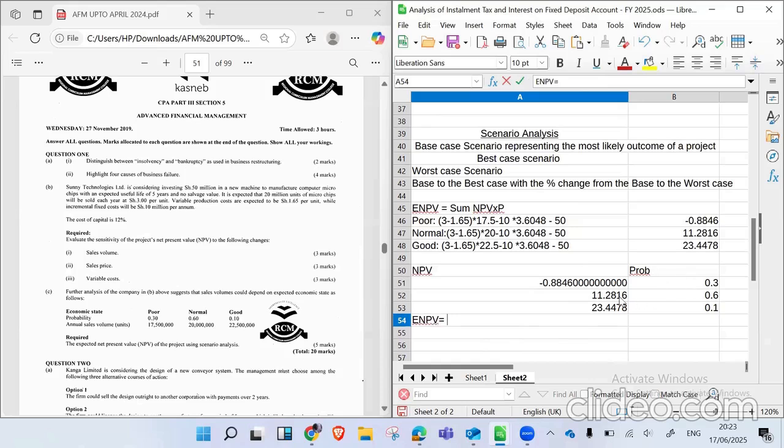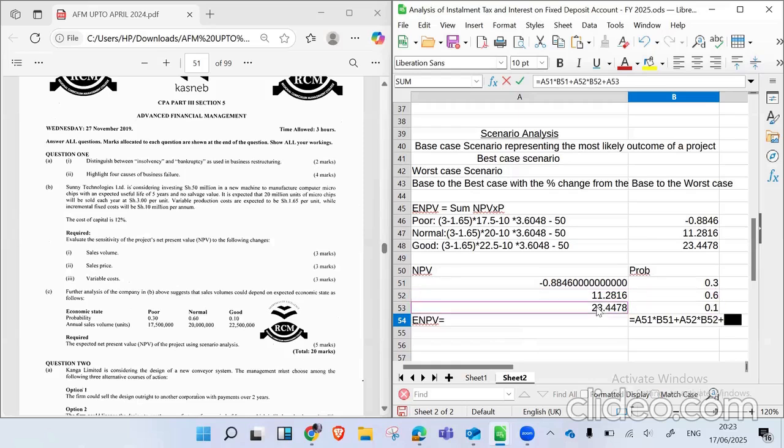So this times this, plus this times this, plus this times that, and we get our expected NPV. 0.8846 times 0.3 plus, so equals this times this plus this times this plus this times this. 8.84, 8.85 million.